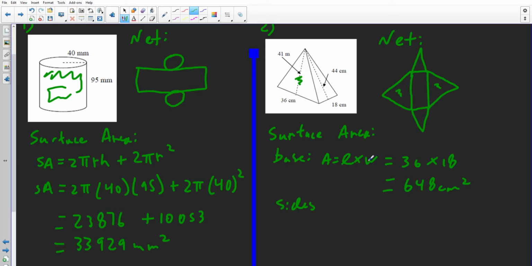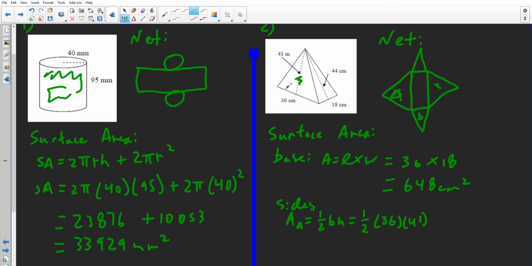So now we need to find the sides. Okay, let's call this one side A and this one side B. So we're going to find side A first, okay? So the area of side A is equal to 1/2 times the base times the height, which is equal to 1/2 times 36 times 41.